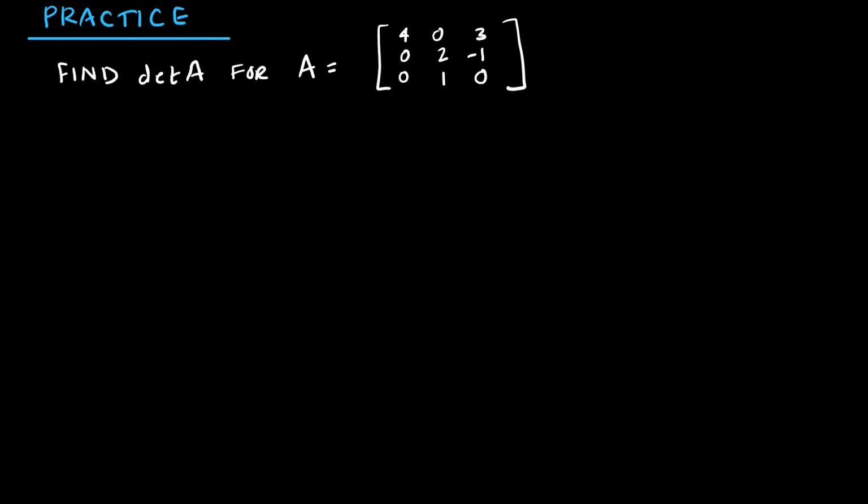So I'm going to choose either column 1 or row 3, because both of those have 2 zeros and I just like to do as little work as possible. I'm actually going to choose row 3 here, and so that would give me the determinant of A is equal to 0 times, we don't care because it's a 0, plus 1 times negative 1 to the, again, this is row 3, column 2, so 3 plus 2.